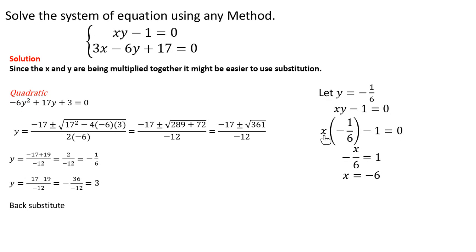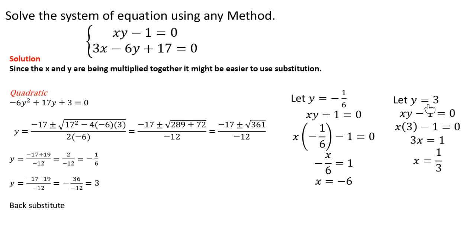I'm just going to multiply x times the negative 1/6, so I end up with negative x over 6. And I'm going to add the 1 on the right side, so I end up with 1. To solve for x, I'm going to multiply by negative 6. Negative 6 times negative x over 6 gives me a positive x, and 1 times negative 6 gives me negative 6.